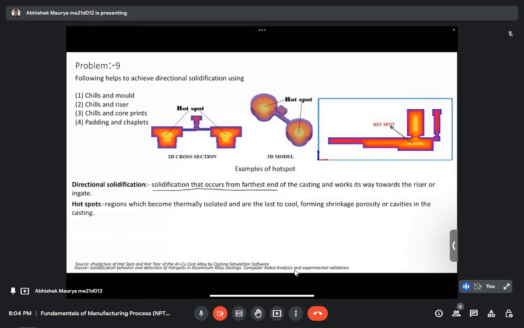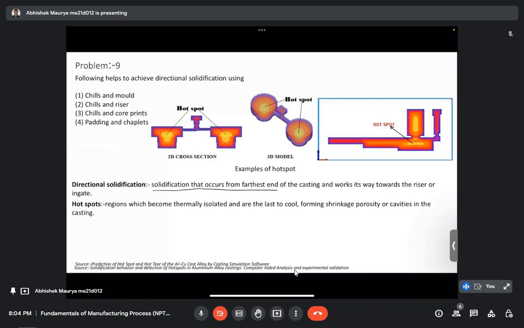So there is a term called hot spots. In any casting, depending upon its geometry, it has some hot spots. So what are the hot spots? They are the regions where solidification happens in the very last, at the end.